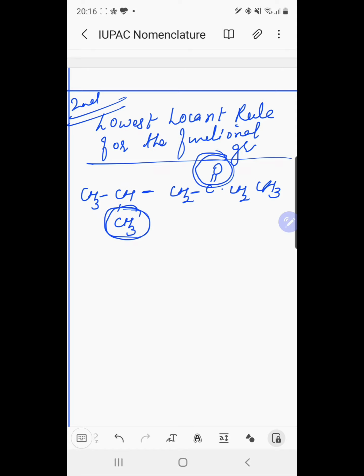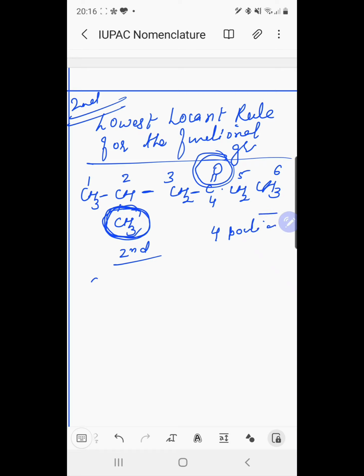So we start the numbering: 1, 2, 3, 4, 5, 6. If we start the numbering from this side, methyl, the substituent, will get the second position, and the ketone, the functional group, gets the fourth position.